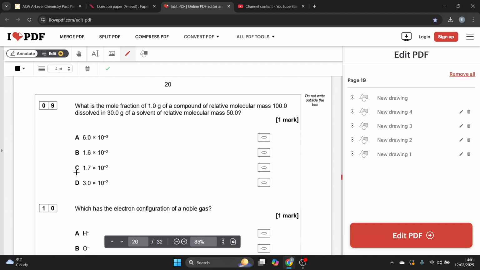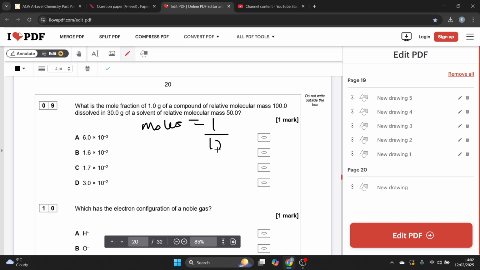Question 9. What is the mole fraction of 1 gram of a compound of this relative molecular mass dissolving in this much solvent? So first thing I need to do is find out the moles of that. 1 divided by 100.